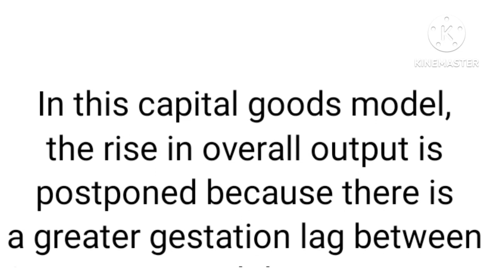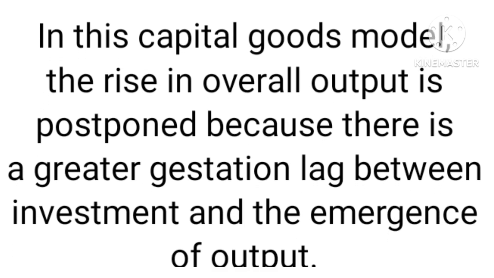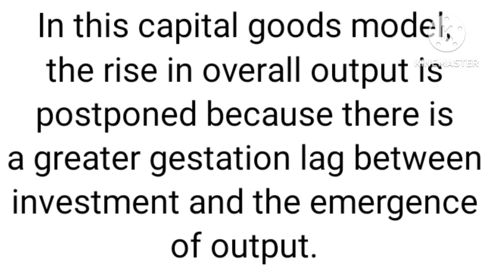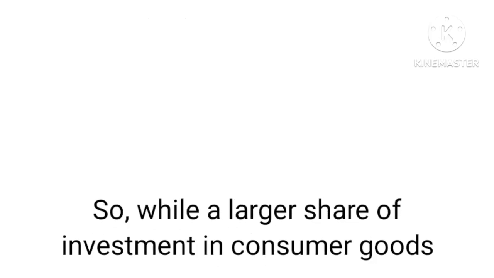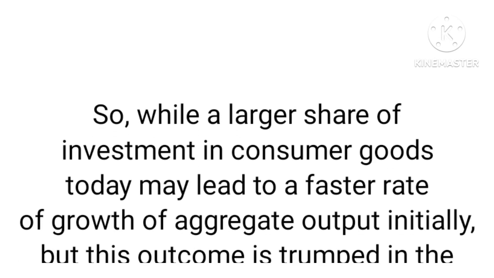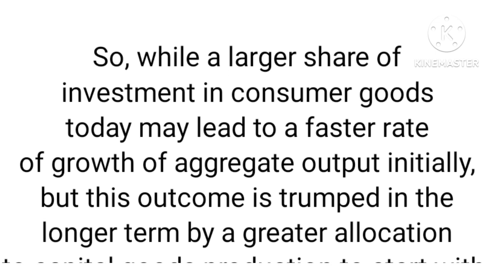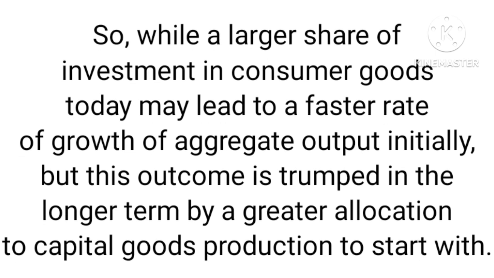In this capital goods model, the rise in overall output is postponed because there is a greater gestation lag between investment and the emergence of output. So, while a larger share of investment in consumer goods today may lead to a faster rate of growth of aggregate output initially, this outcome is trumped in the longer term by greater allocation to capital goods production to start with.